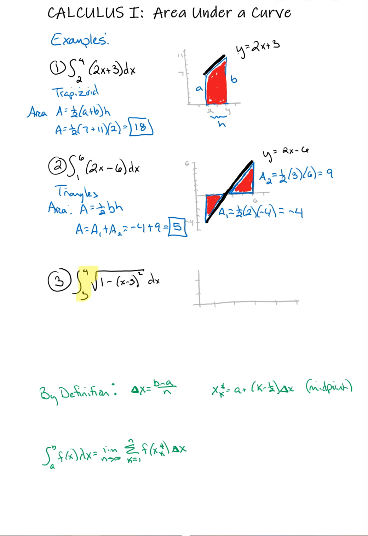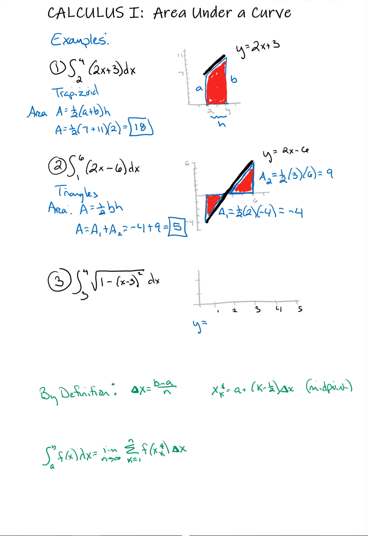We're going to integrate from 3 to 4 of the square root of 1 minus the quantity x minus 3 squared dx. So we are simply going to look from 3 to 4. All right, we're just going to go from 3 to 4, but let's take a look at that function.